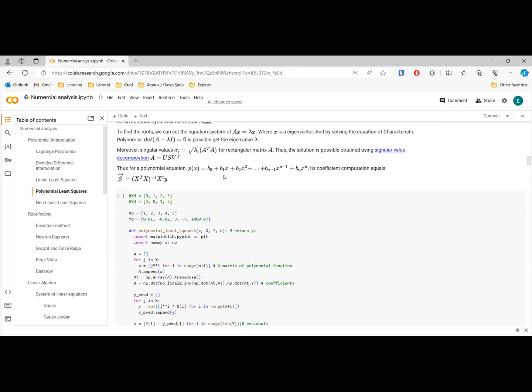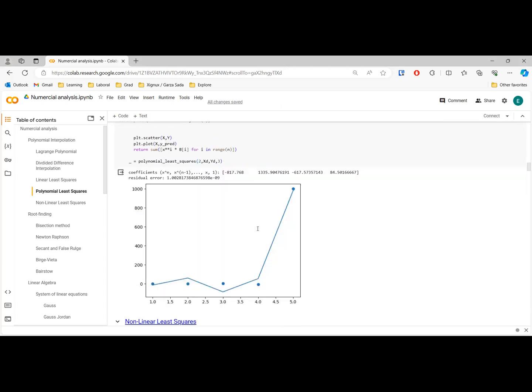This way, we can get every single one of the coefficients corresponding to this equation over here, so the values of b0 towards bn.